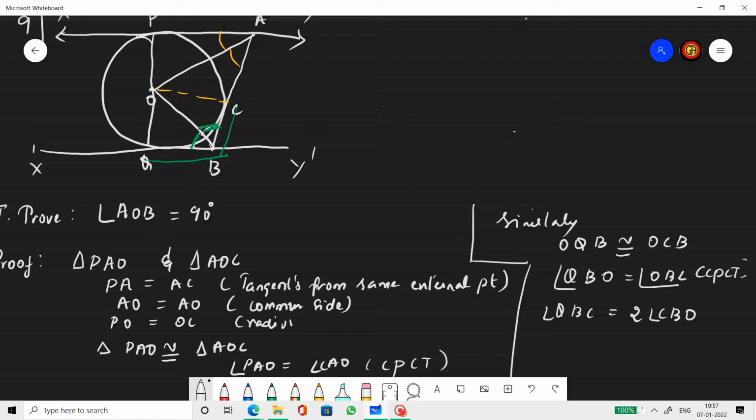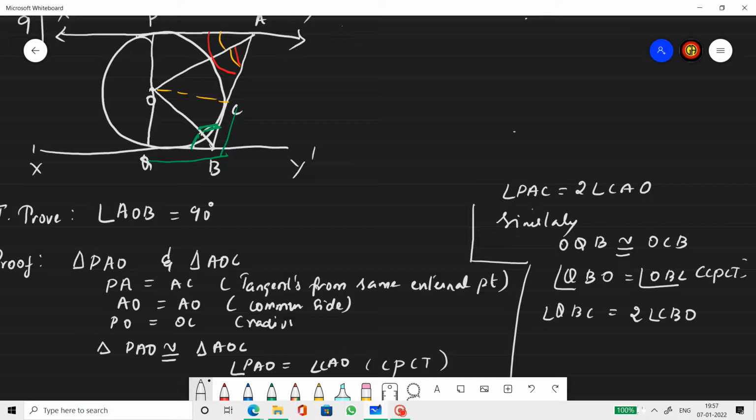And using the previous triangle, I can write this whole angle equal to twice of this angle, which I'm going to write at the top. So angle PAC equals 2 times angle CAO.